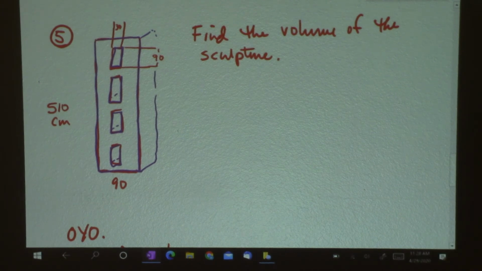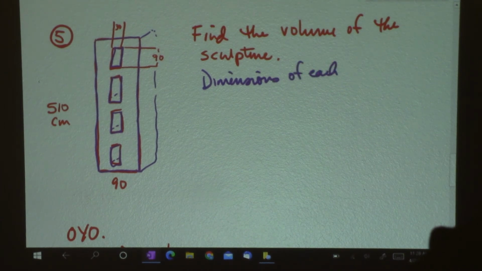So let's find that. Let me see. It's 30 by 30 by 90. Okay. They also tell us that the dimensions of each beam are 30 by 30 by 90.